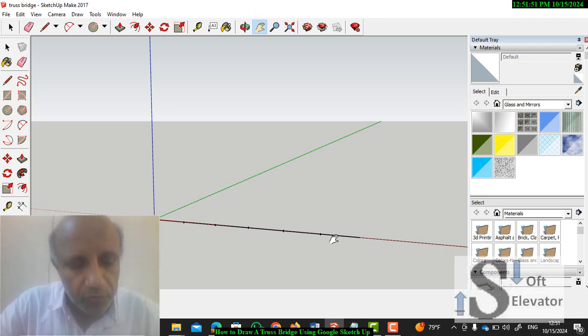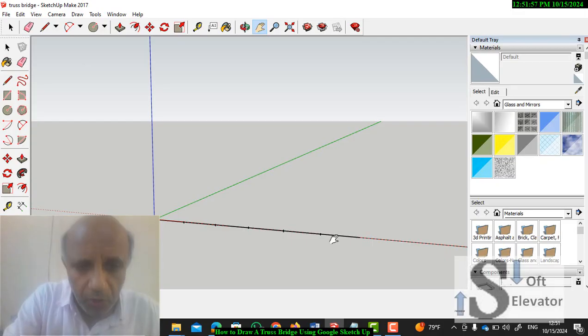After we draw the line which corresponds to the length of the bridge, we will divide it into segments like these and draw a vertical line for each segment.